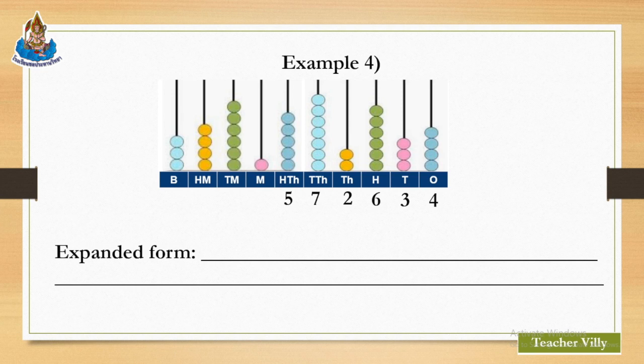What about in the millions place? Yes, 1. What about in the 10 millions place? 6. What about in the 100 millions place? Right, we have 4. What about in the billions place?